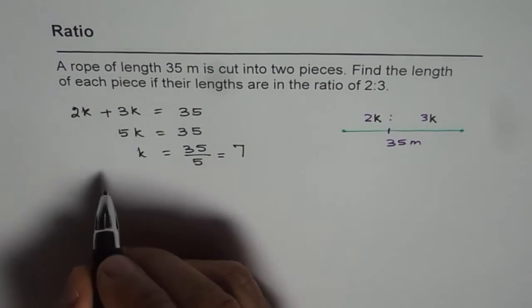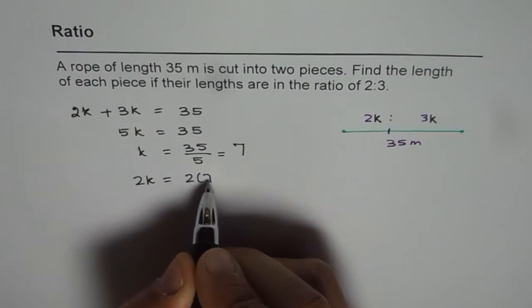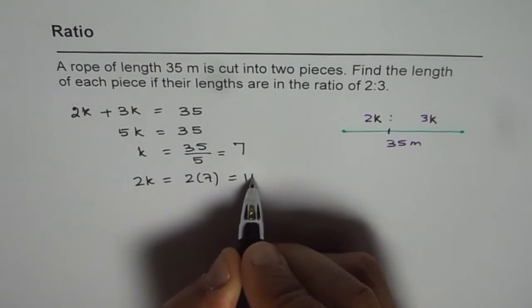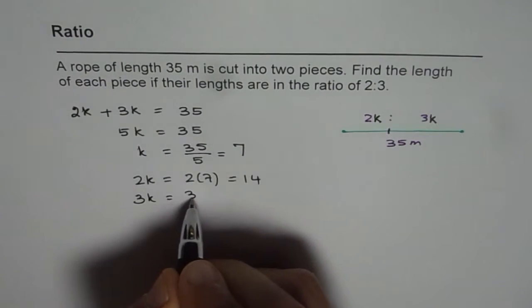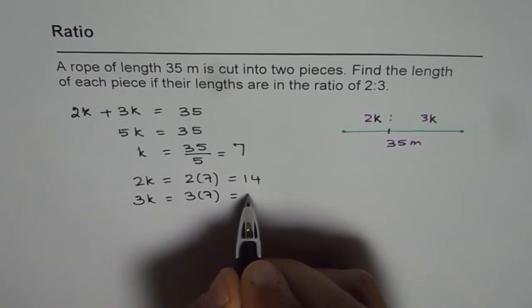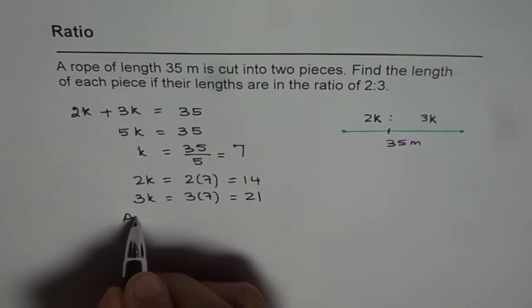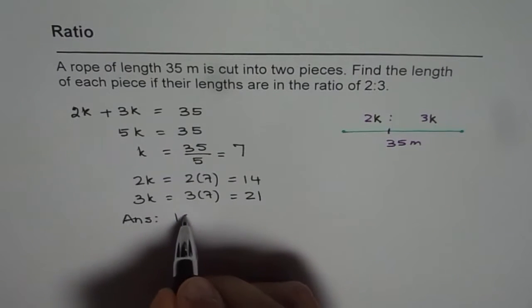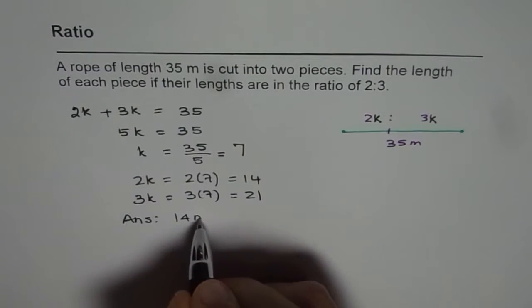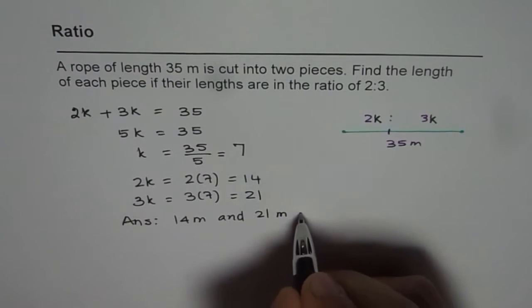Therefore the lengths are 2k, which means 2 times 7, and that is 14, and 3k, which is 3 times 7, and that is 21. And therefore we can say our answer is that the lengths are 14 meters and 21 meters respectively.